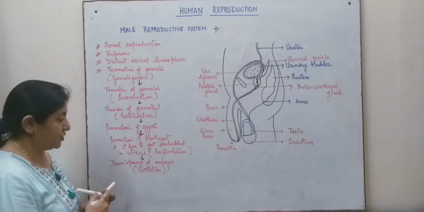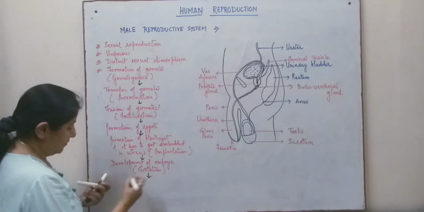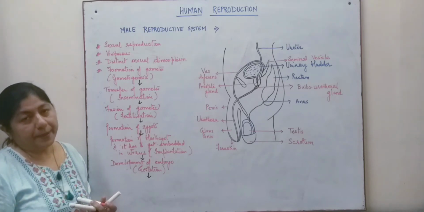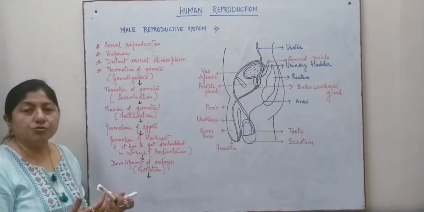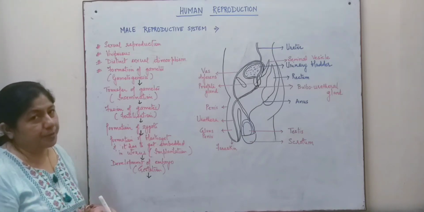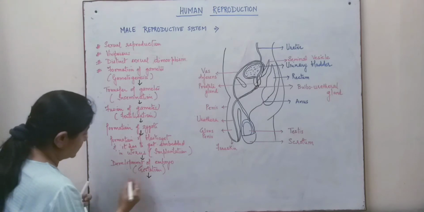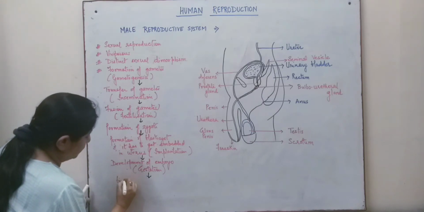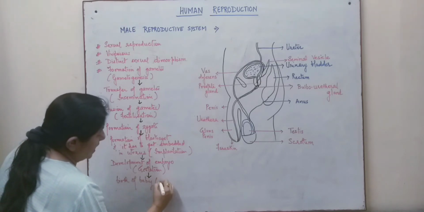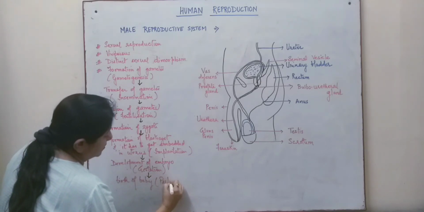After successful gestation, a fully developed baby is formed, and this baby has to be pushed out of the uterus. So this process of the birth of a baby is the next step, and that is known as parturition.